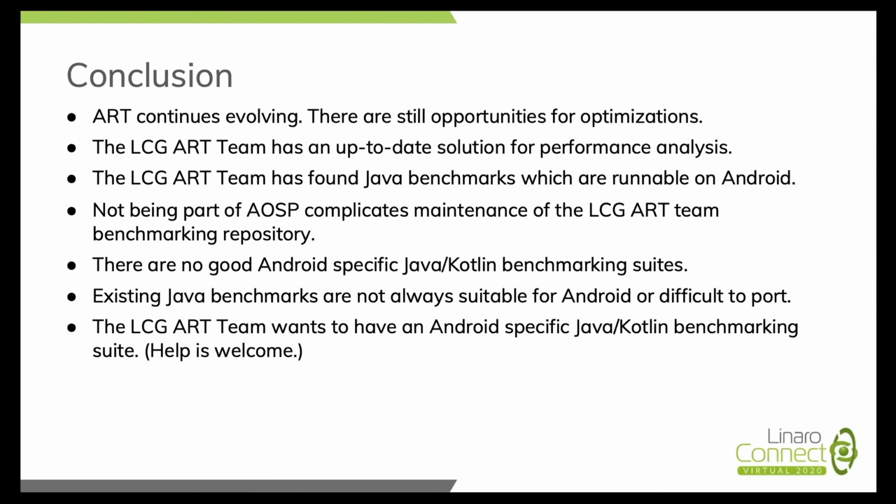The Linaro ART team is trying to have an up-to-date solution for performance analysis, scripts, and continue investing time into making Android great on ARM architecture. And we know we can use Java benchmarks, and we know we have no good Android specific benchmarks, and we are going to work on this.